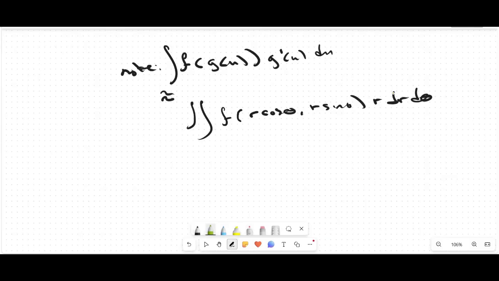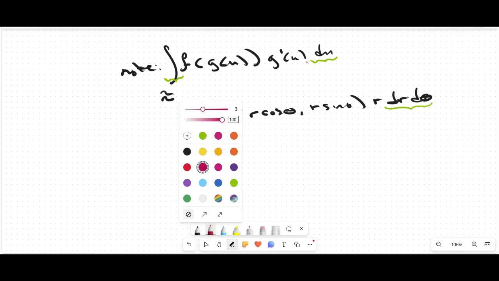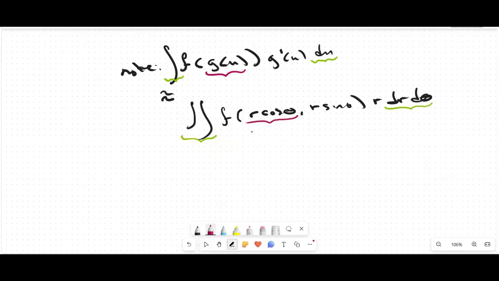Right? When we use polar coordinates, there's the integral part, which is the same as up here. But look, just like here, we plug in a function of the new coordinate u. Here, the x coordinate is some function of r and theta.